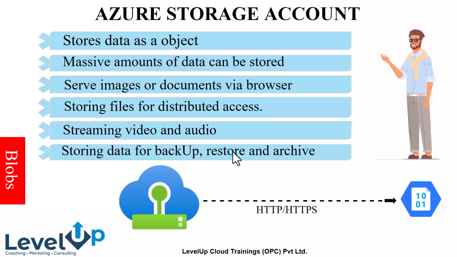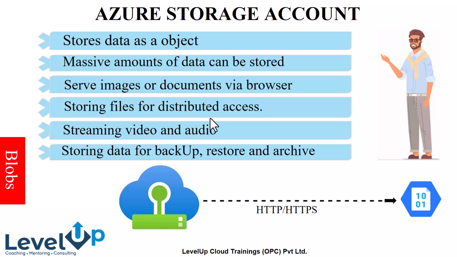One more important thing in blobs is that whatever file you store can be served via a web browser by using HTTP or HTTPS. A document can be a PDF document or a Word document. It can be audio, video, any kind of document. It can be served via browser.